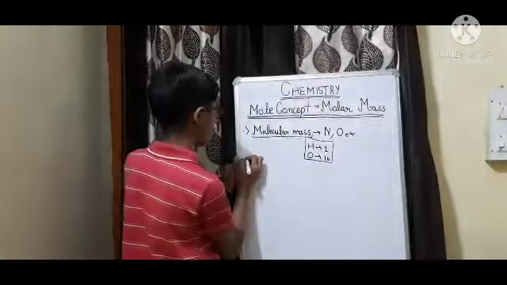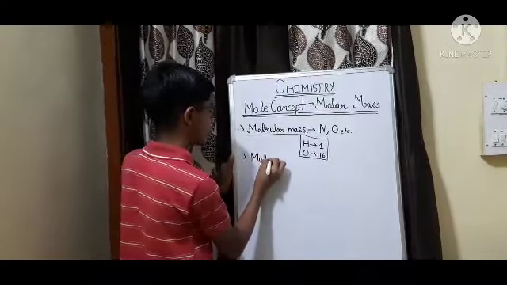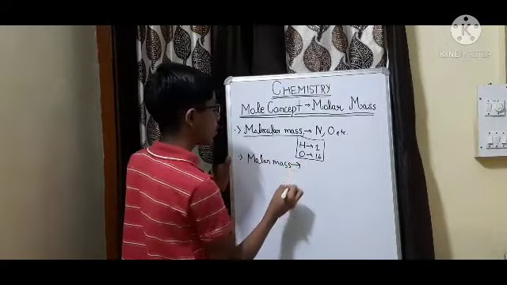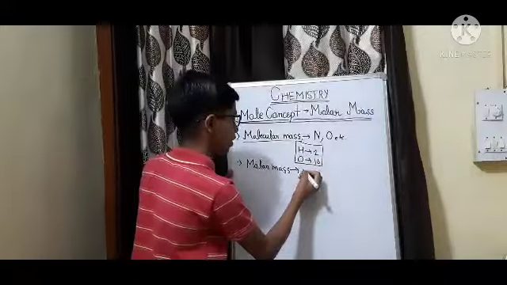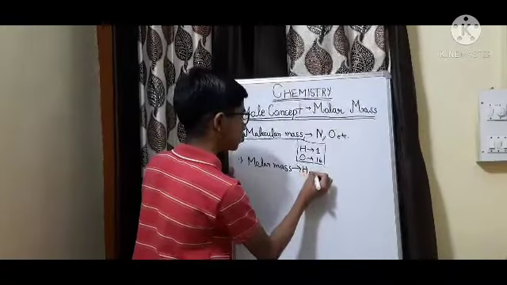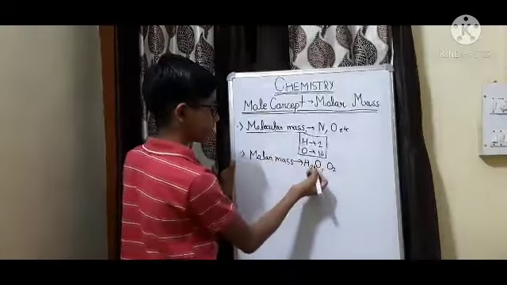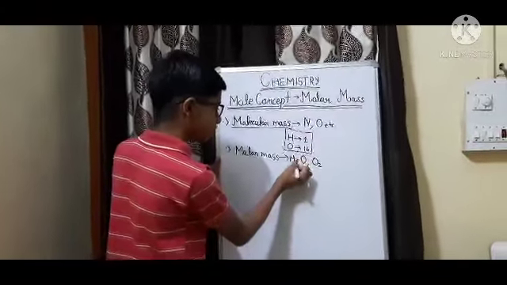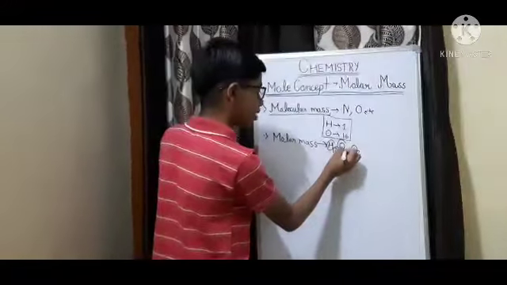Now if we talk about molar mass, the picture will be clearer to you, as I have told you about molecular mass. In molar mass, for example, any atoms bonded together, like H2O or O2. So what is the molar mass of H2O? Here there are two atoms of H and one atom of oxygen.